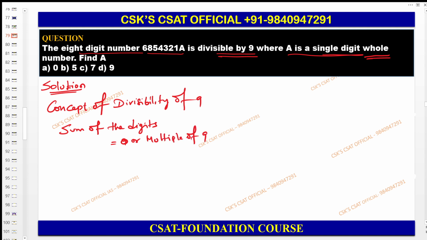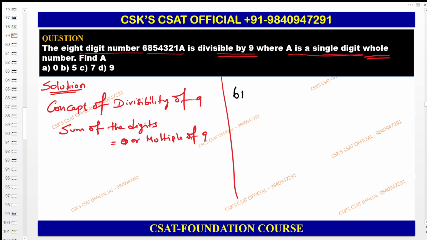Then you can say that the given number is divisible by 9. This problem can be done by using the school method also, but it is not required here since it's a lengthy process. In some cases you need to apply the school method, but here A is in the unit place, and divisibility by 9 is a very simple concept. Therefore you can easily do it here.